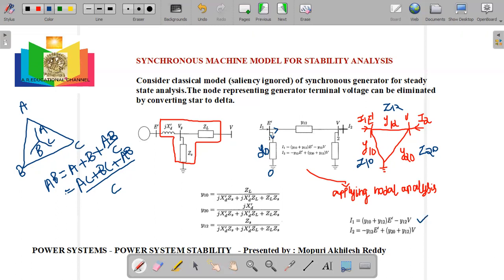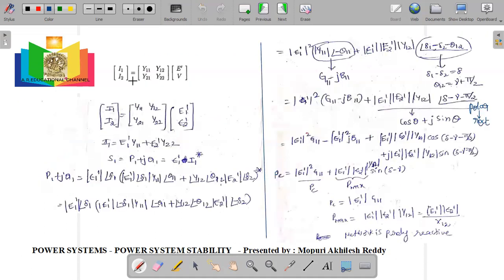Similarly, I2 is entering here and V is the voltage here. Here it is 0. So I2 is equal to V minus 0 into Y20 plus V minus E dash into Y12. Similarly, I2 is equal to minus Y12 E dash plus Y20 plus Y12 into V. Then I got this matrix.